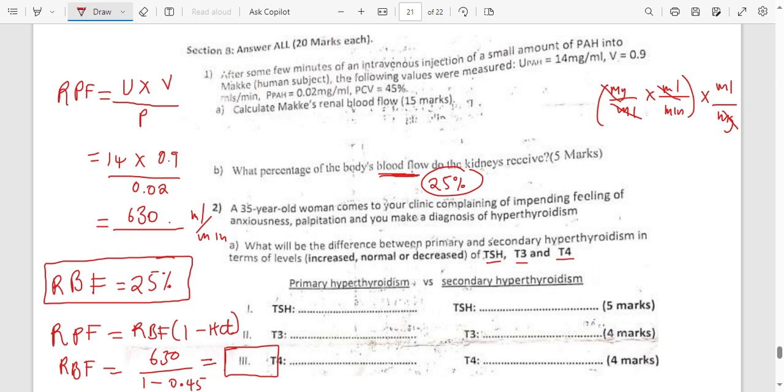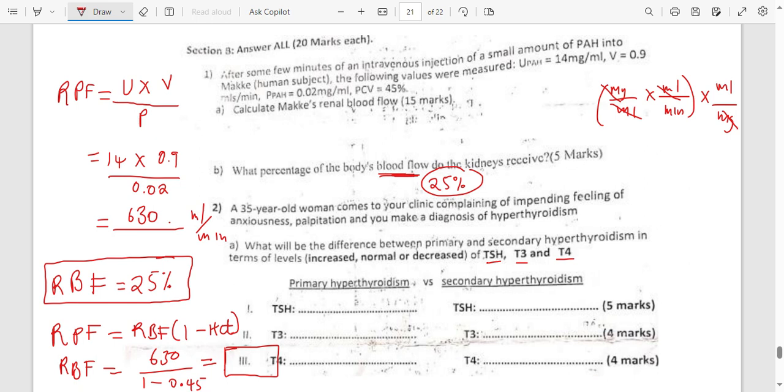So TSH is low, while T3 and T4 are high. And then for secondary hyperthyroidism, the problem is on the pituitary gland.